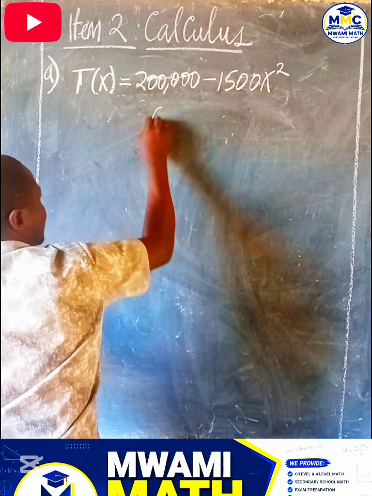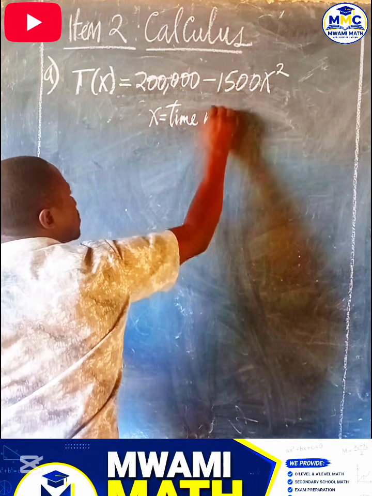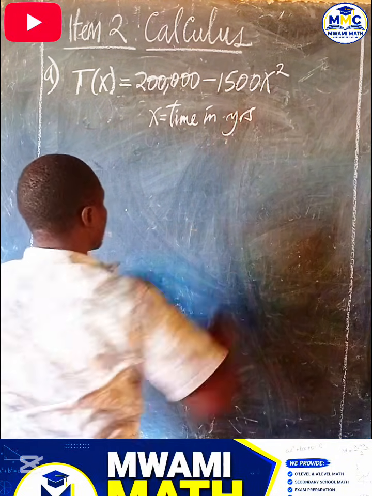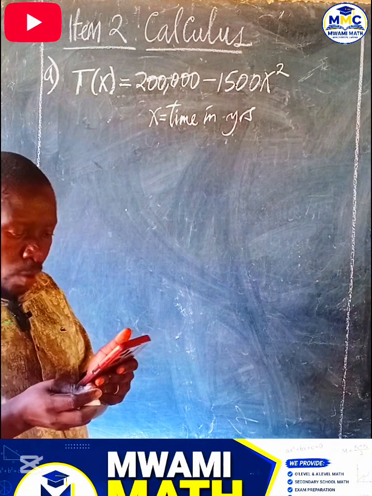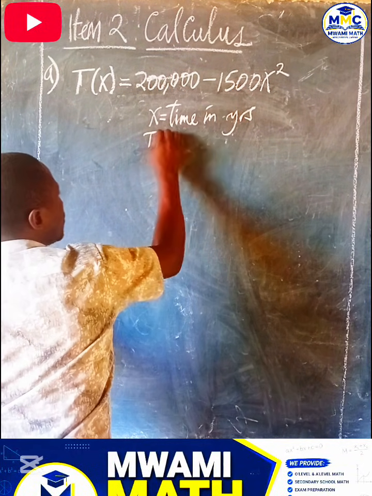So our x is the time in years, whereas our T is the number of trees.